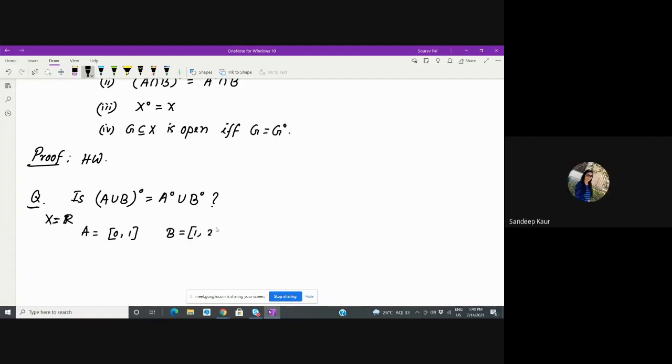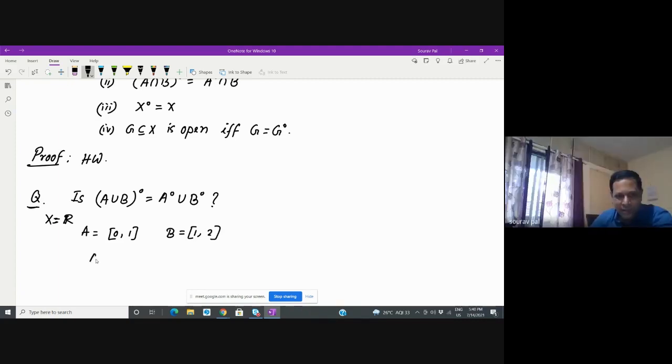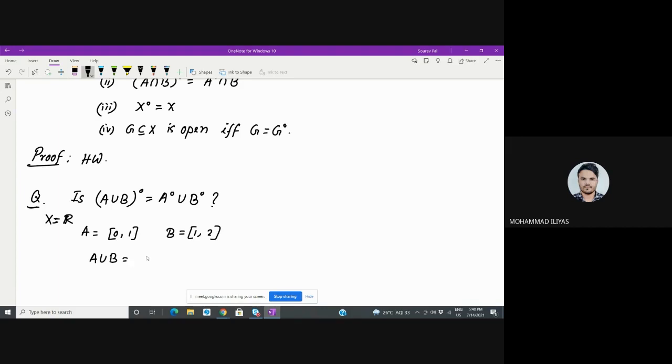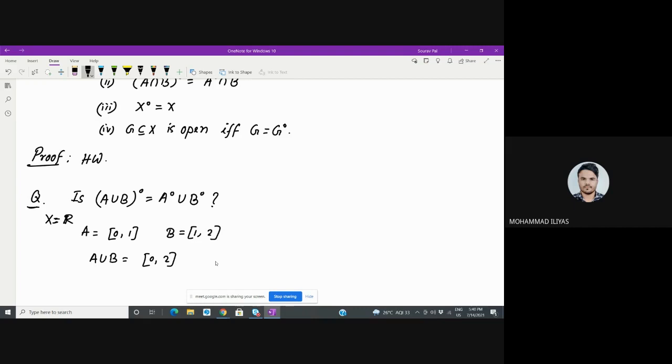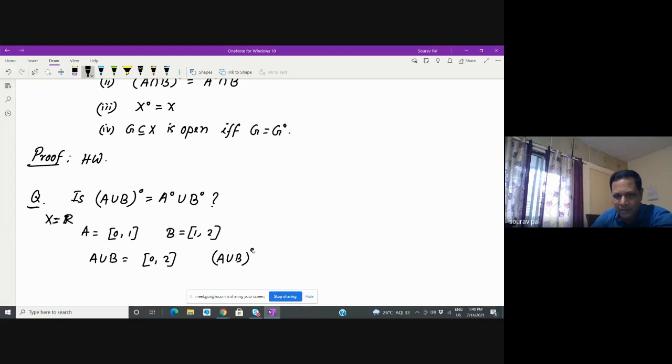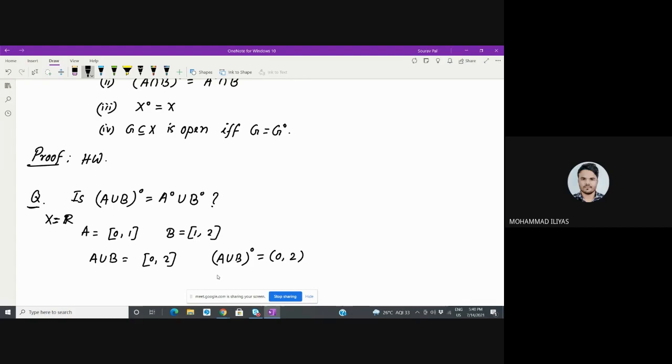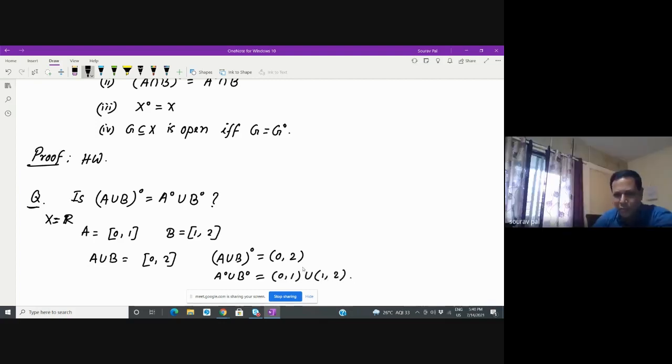Then what is A union B? It will be closed interval [0,2]. Its interior will be open interval (0,2), very good. And A interior union B interior will be open interval (0,1) union open interval (1,2). So this point 1 is missing, right?